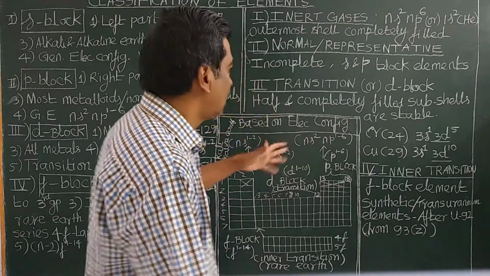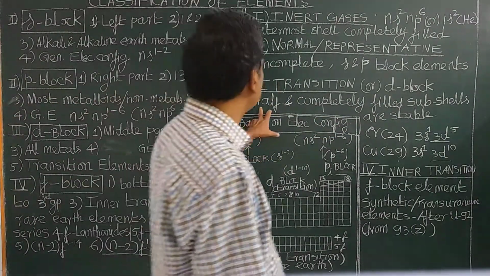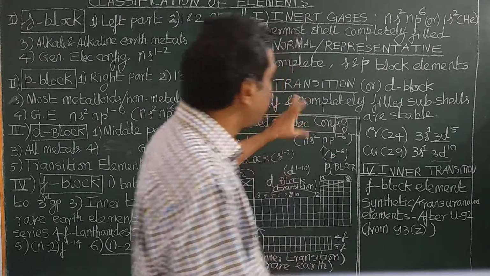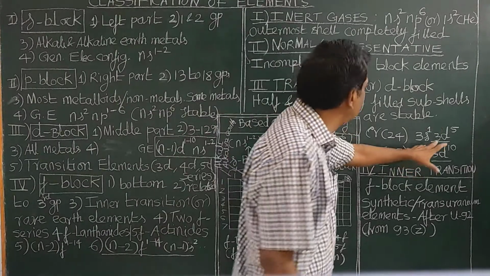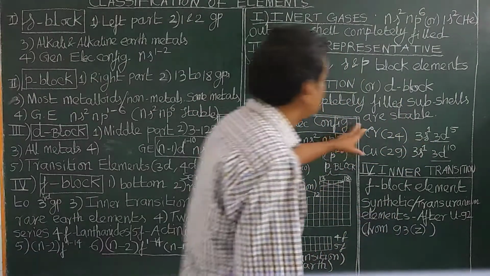And there is anomalous behavior in this. For example, half-filled and completely filled subshells are stable.